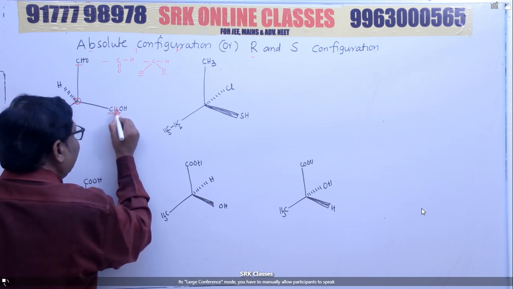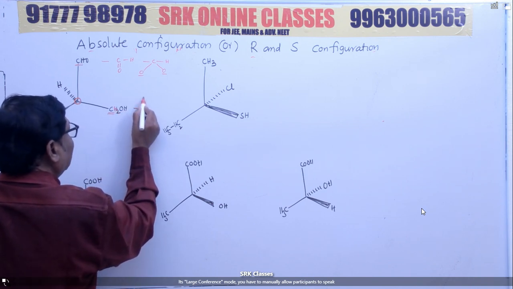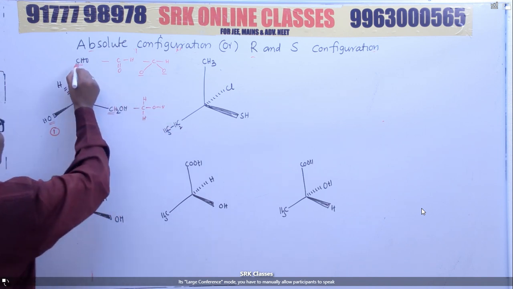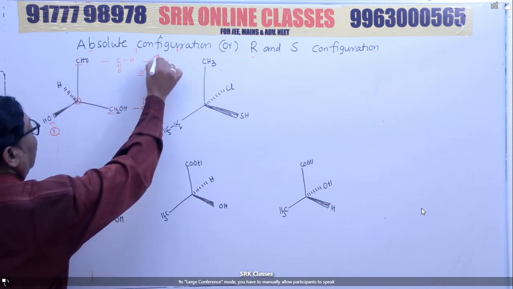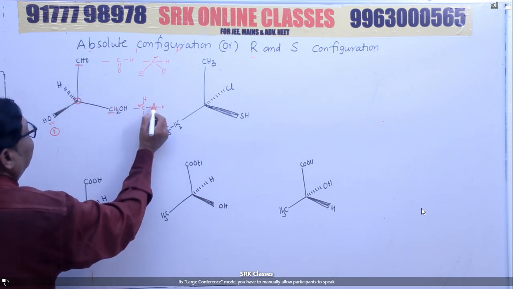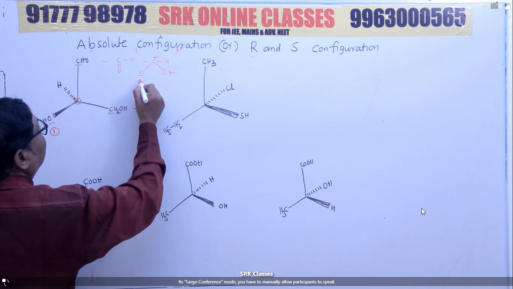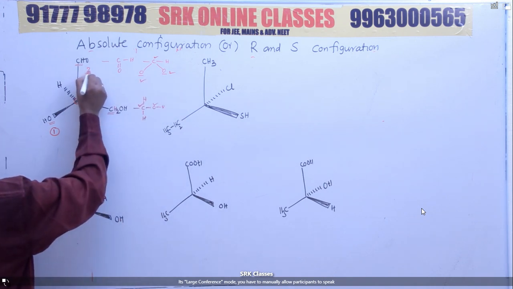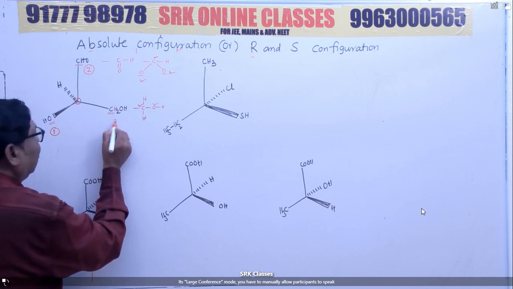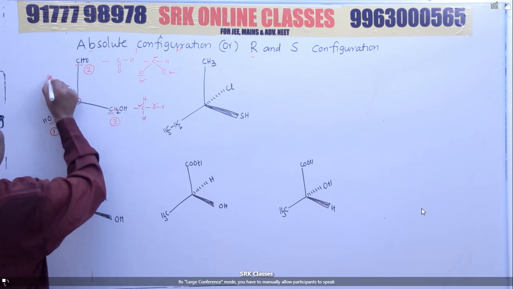CH2OH can be represented as 2 hydrogens and 1 oxygen attached to this carbon. First atom is carbon and carbon. Second one, hydrogens are common. Here 1 oxygen is there, but here 2 oxygens are there. Therefore, this will be given second priority. And this will be third priority. And this will be fourth priority.